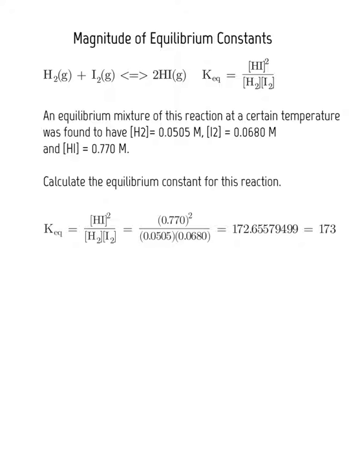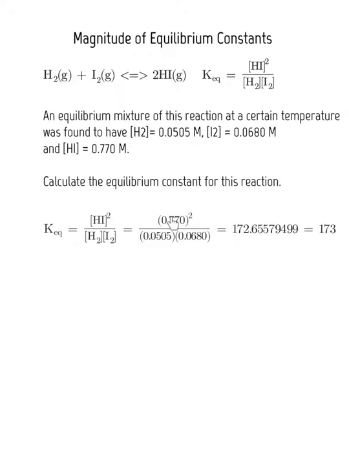Now I'd like you to look at this value and try to make an educated guess as to whether we have more of the reactants, more of the products, or about an equal amount of reactants and products. If you guessed that we have more of the products, you're right.